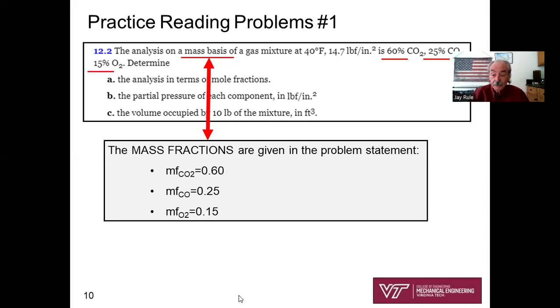You simply write down: mass fraction of CO2 is 0.6, mass fraction of carbon monoxide is 0.25, mass fraction of oxygen 0.15. That's the mixture. You could imagine that it's held within a vessel and then move ahead to work the problem.